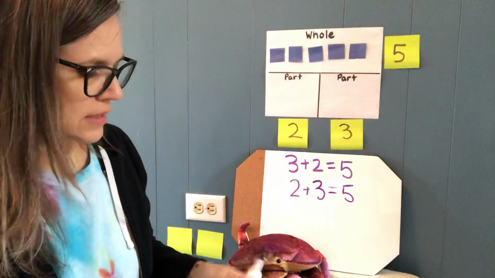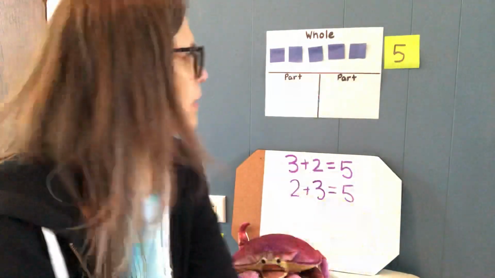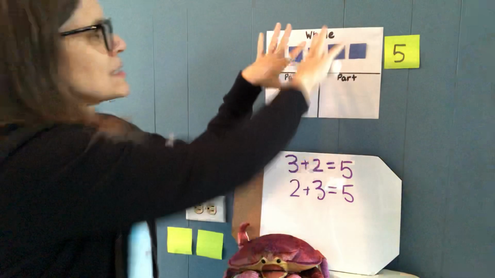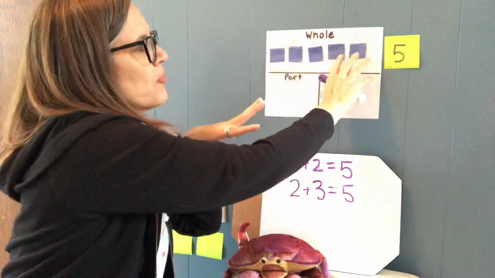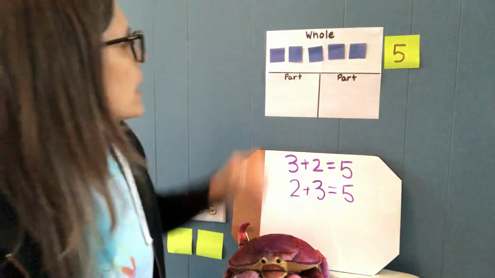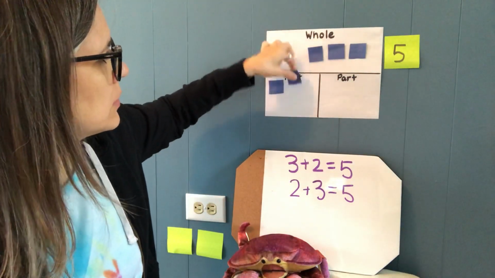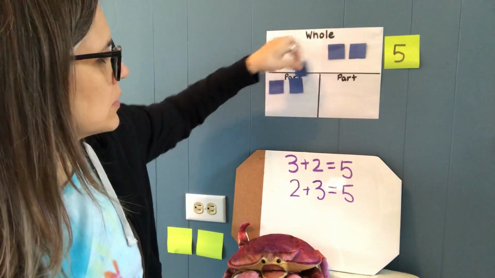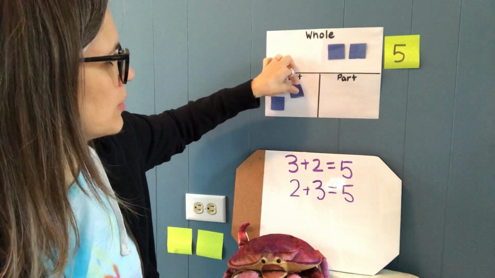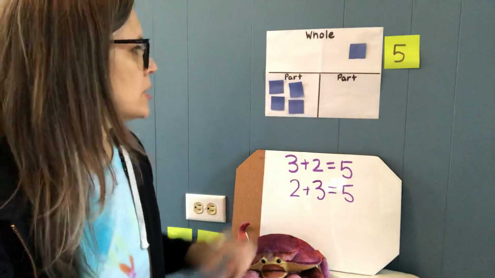Okay, let's try some different numbers. So bye-bye 2 and 3. How else can I split the whole group of 5 into 2 parts? Let's try, move that down a little bit. How many do I have here?